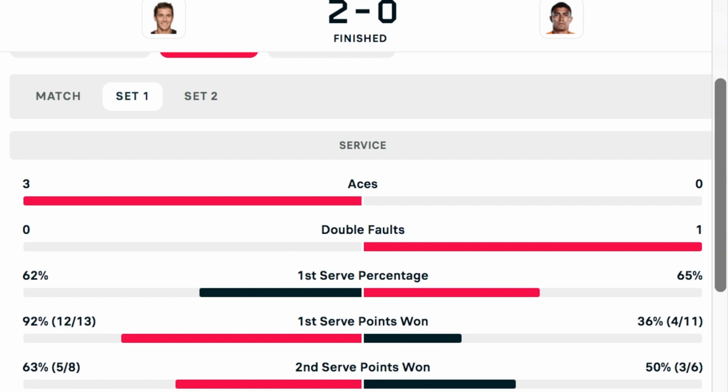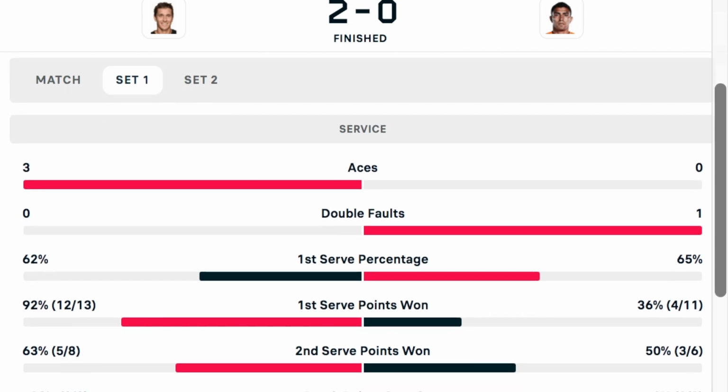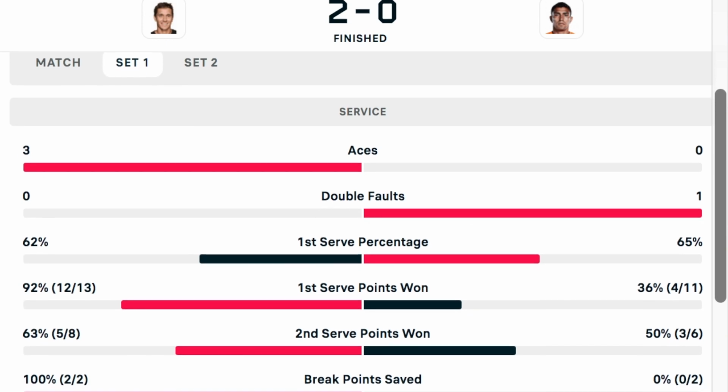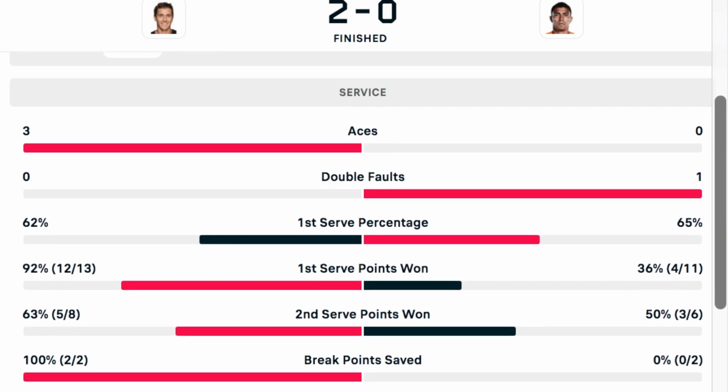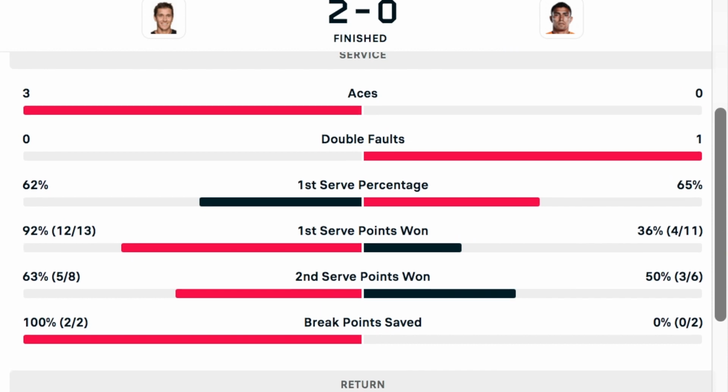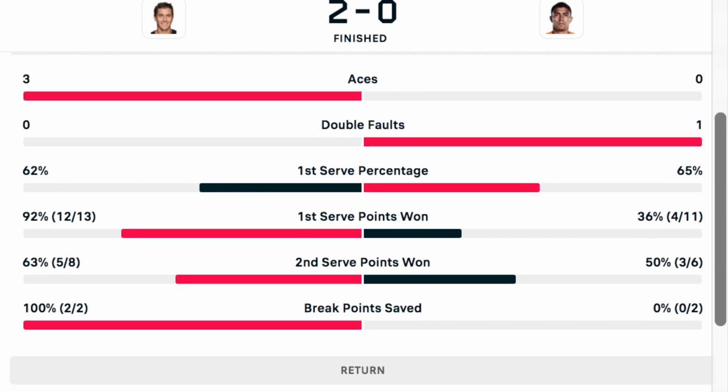Now this is a major alarm bell which we need to take note of. In addition to this, you can then see that Montero only won 50% of his second serves versus 63% from Gerasimov.